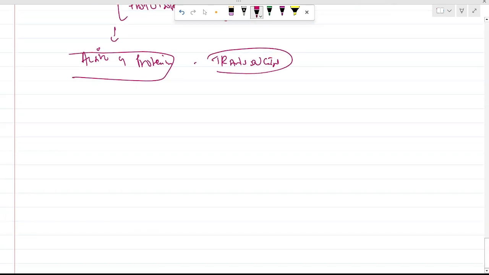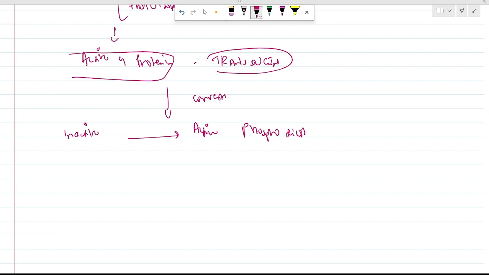This active G protein transducin, remember, converts inactive to active phosphodiesterase. Very important enzyme.